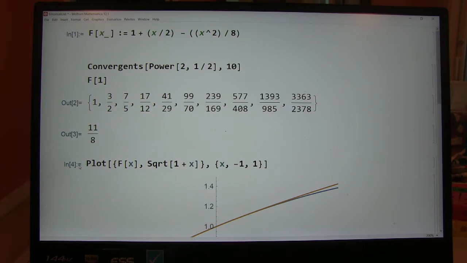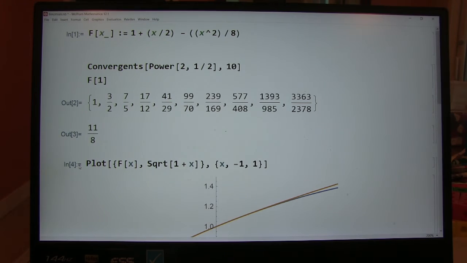Yeah, it's pretty good. The third continued fraction, 7/5, as an approximation: we get 49 over 25. I think that's closer. It's within 1/25.